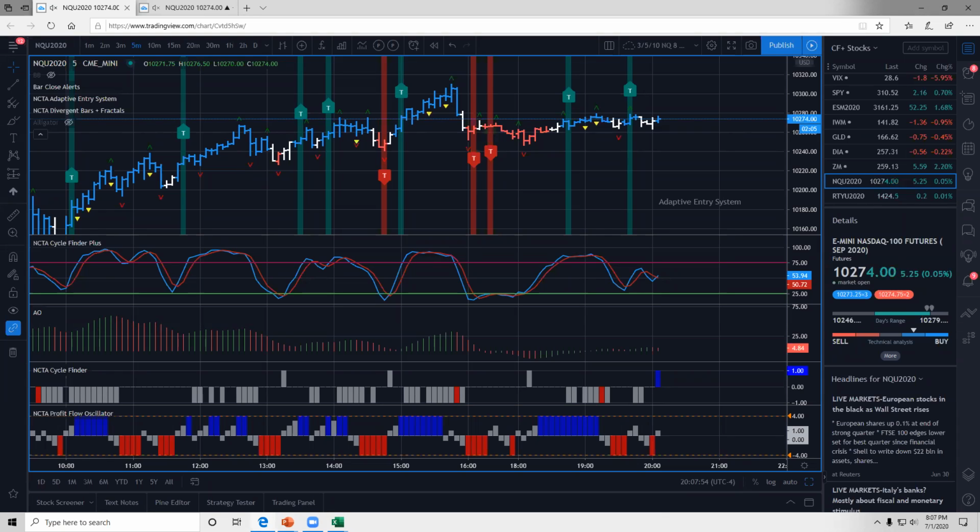You've got 3 different types of signals. You can modify your profit target. You can modify your stop when you're trading futures, but it is designed to be a productive system, regardless of the type of market that we're in, type of volatility that we're in.